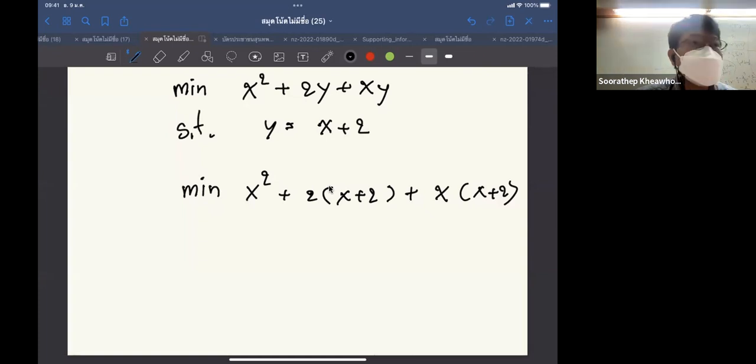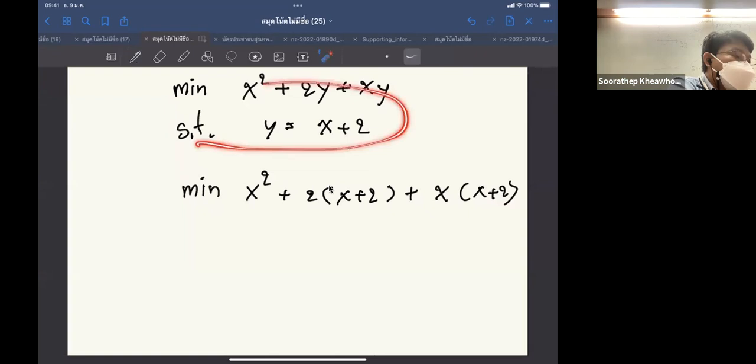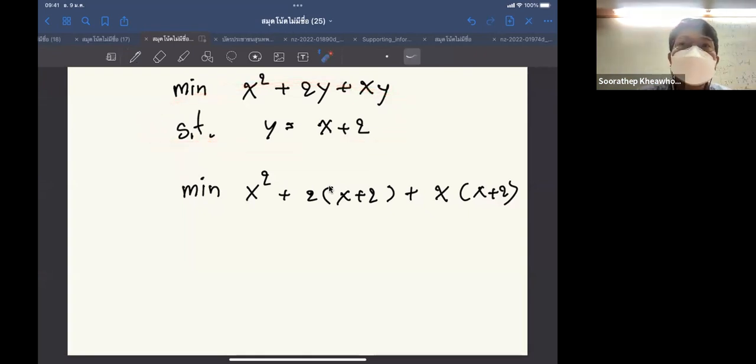So in terms of degree of freedom, what is the degree of freedom of the original problem? The degree of freedom is 1, right? We have 2 variables and we have only one condition. So degree of freedom is 1, right? For the second problem, the reformed problem, the degree of freedom is also 1, right?